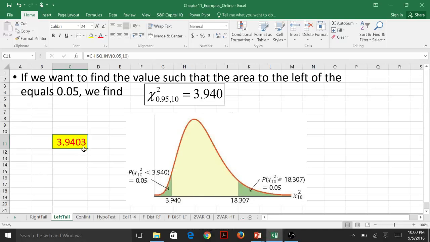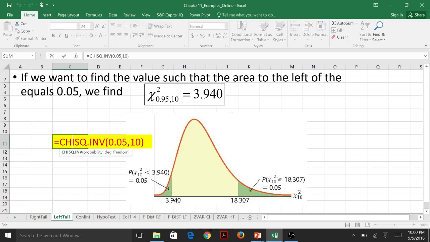To see it, what I'm doing is showing the right tail was just calculated at 5%. That's where we got that 18.307. To calculate the lower tail, the left tail, where is this value of 0.95 and 10, that's 1 minus alpha? All I would do is use CHISQ.INV of 0.05 and 10.